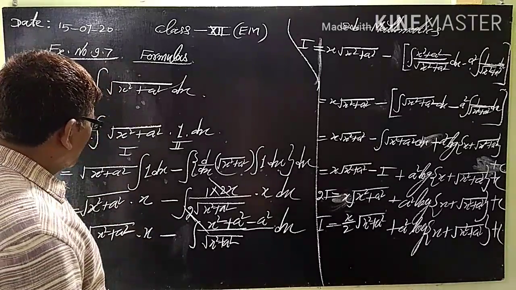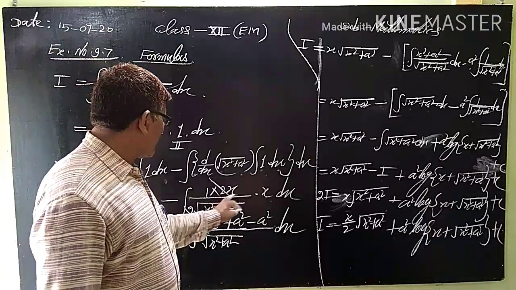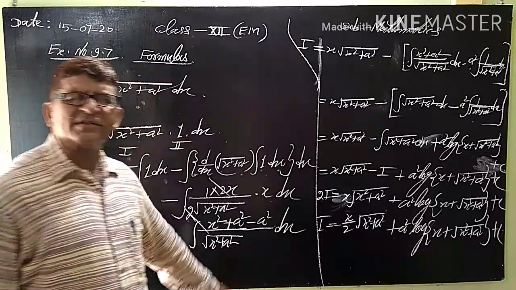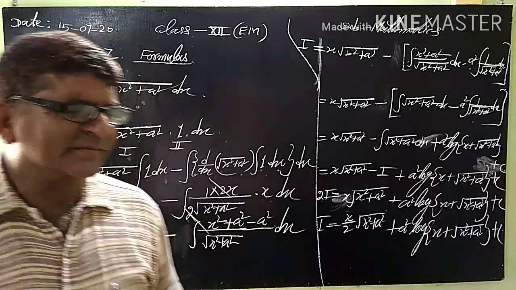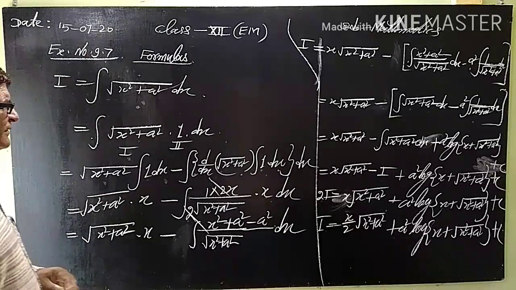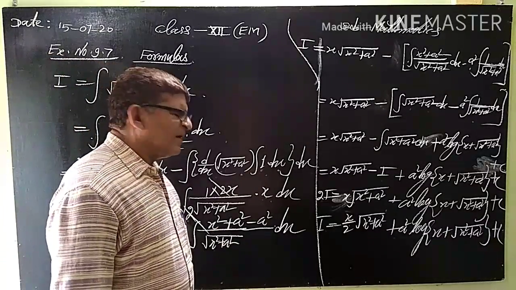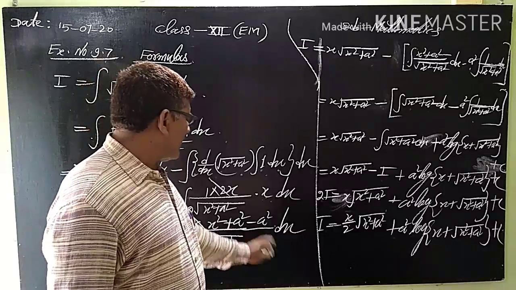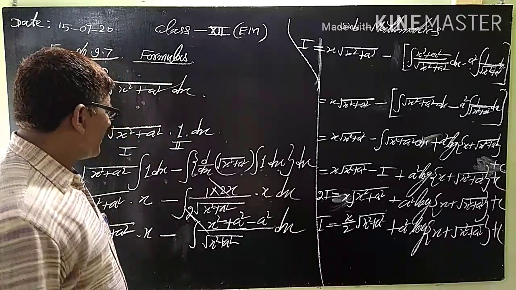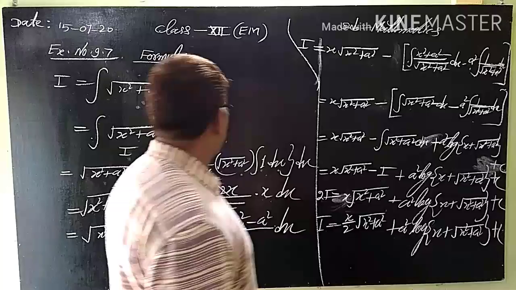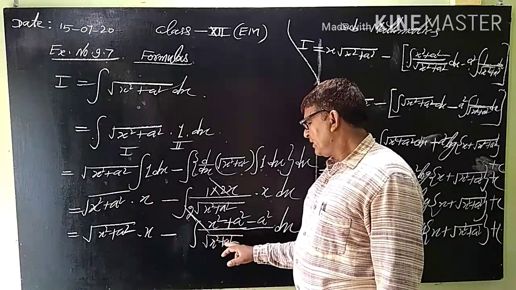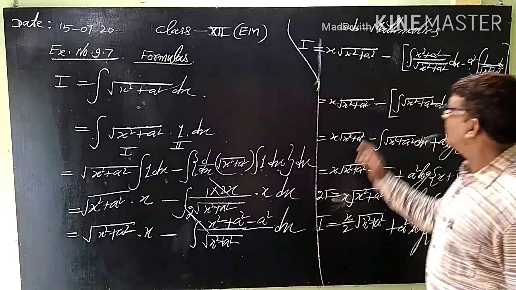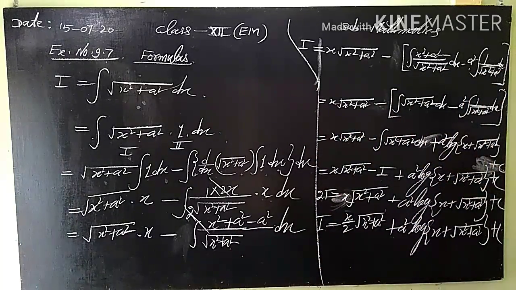Then it is equal to x square upon under root x square plus a square. We add and subtract a square. Now it is equal to denominator upon this and denominator upon this. We have separated it.